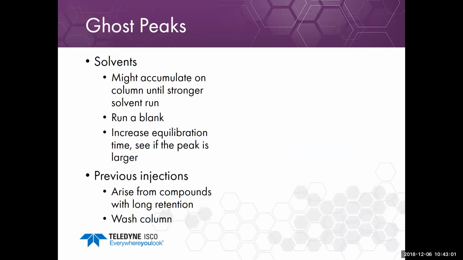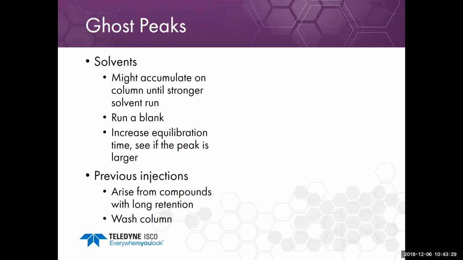The last thing I'd like to talk about are ghost peaks. There's several sources of ghost peaks. The solvents might accumulate on the column until a stronger solvent is run. And if that's the case, you see it during your first injection and not the later injections. If you want to look for ghost peaks, just run a blank, and any peaks that come up are ghost peaks because you didn't inject the sample.